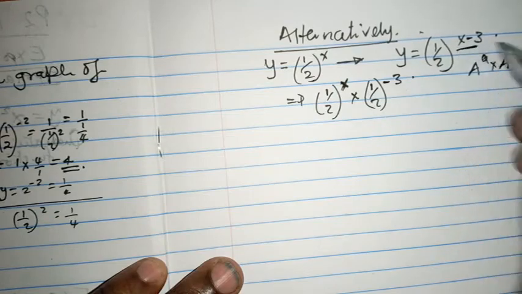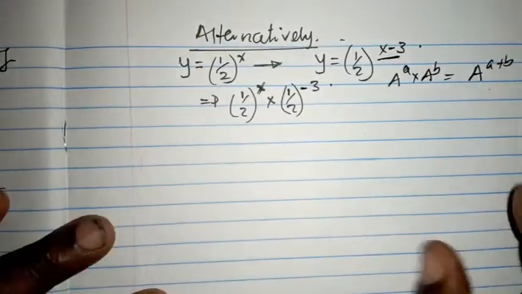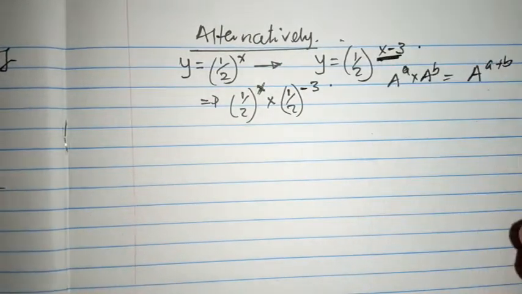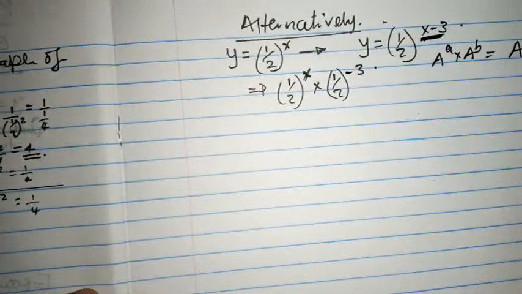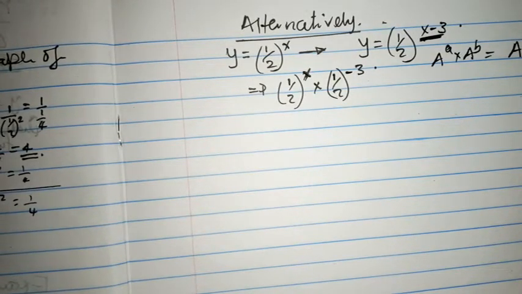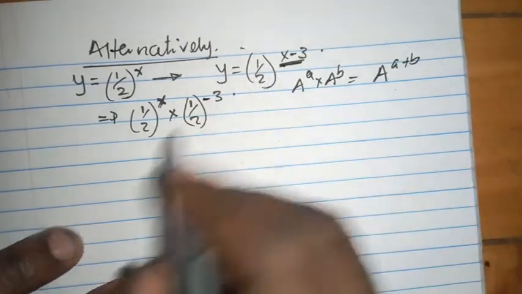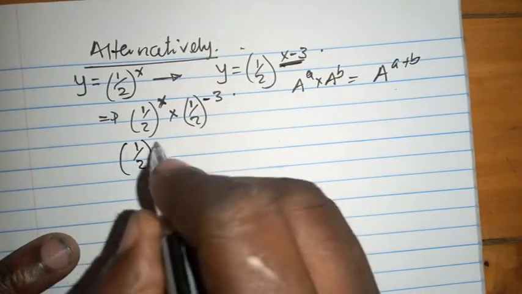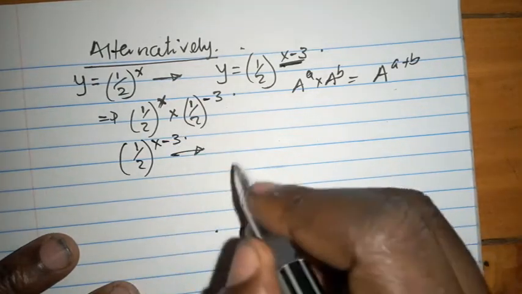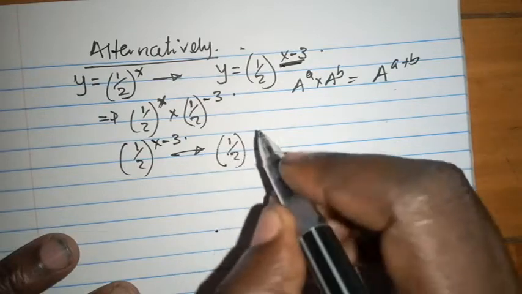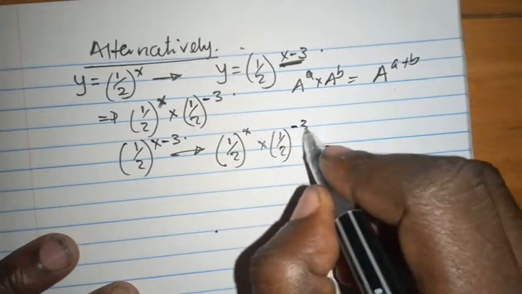And because this is x minus 3, if we have a half raised to power x minus 3, I repeat again, this is the same as a half raised to power x times a half raised to power minus 3.